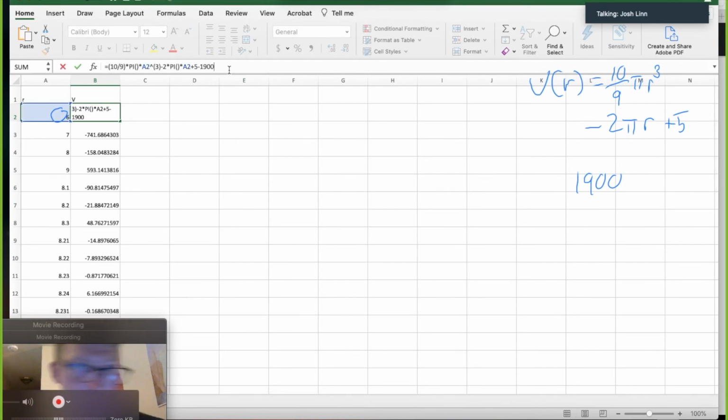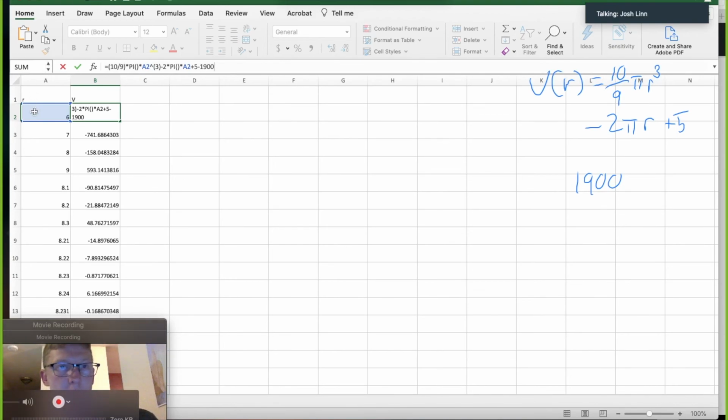So if you look at my equation, I subtracted 1900 from it. So theoretically, when all of this number equals 0, then that's our answer, right? Well, I can tell you right now that we're not going to find an easy 0.